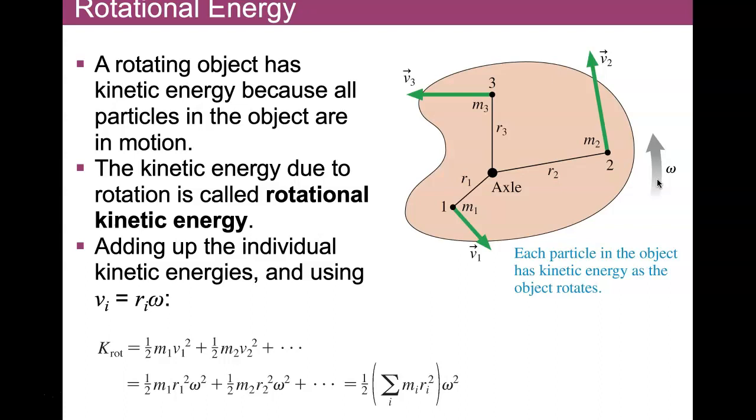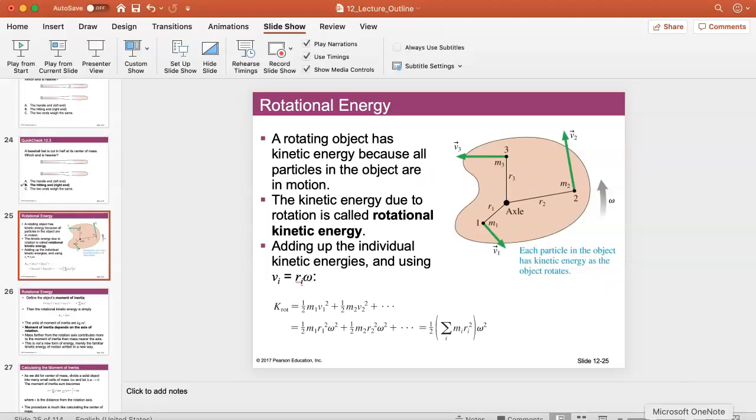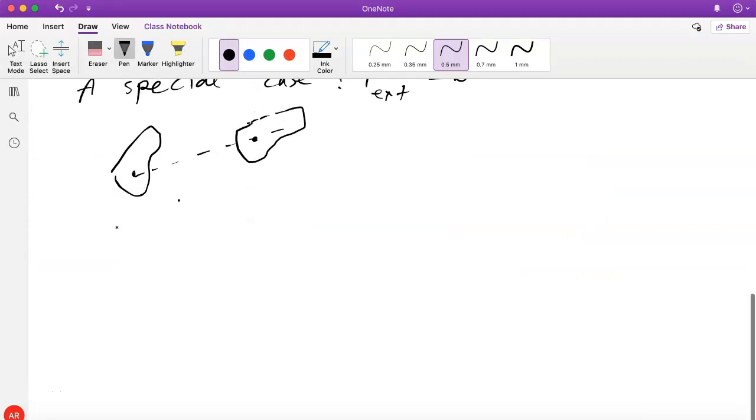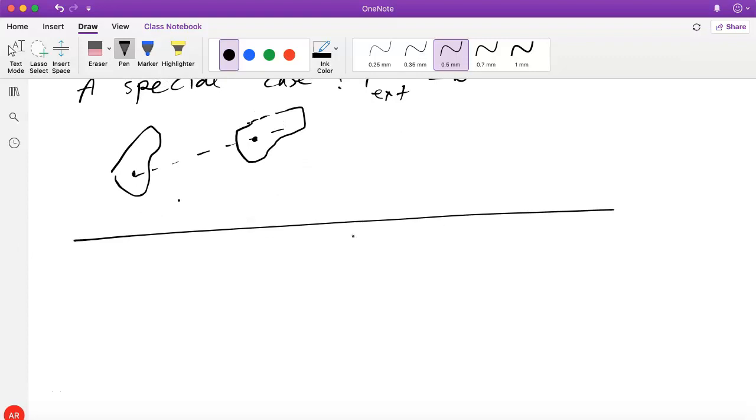So then we want to think about its kinetic energy. So let's go back to the notes here. We're going to talk now about rotational kinetic energy.